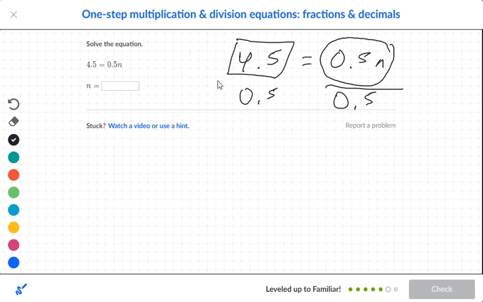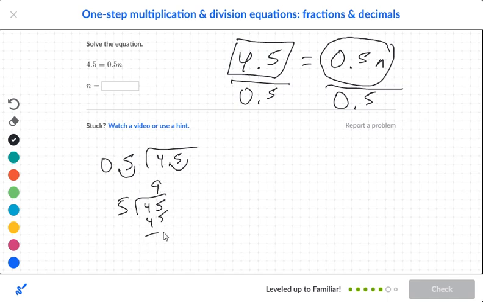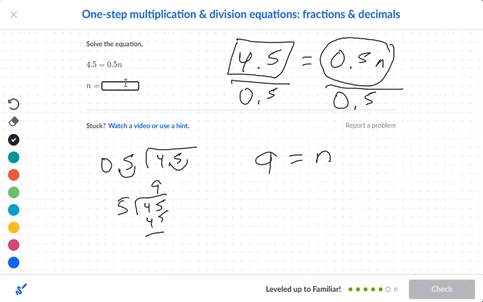So only dividing by 0.5. So I've got 0.5, and I'm going to divide this into 4.5. So what I want to do is adjust my decimals. So this just becomes 5 in the 45. So 5 goes in the 45 9 times. So we're going to say 9 is equal to n. And if we check it, 9 times 5 is 45. There is one number after the decimal, so it is 4.5. So my answer here should be 9.